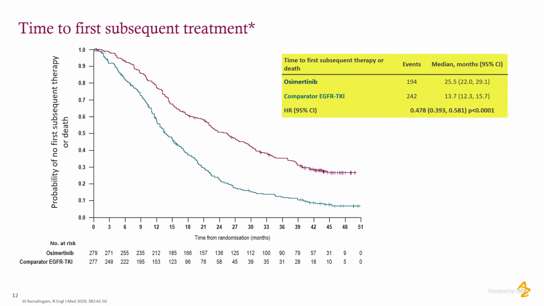The time to first subsequent treatment when treatment failed was a median of 25.5 months with osimertinib, while with the comparator EGFR TKI like gefitinib or erlotinib, it was 13.7 months.